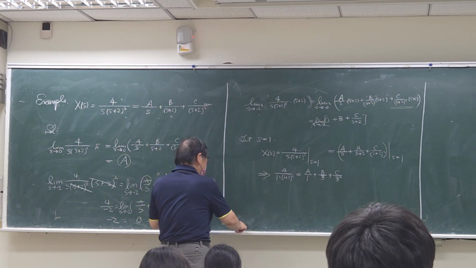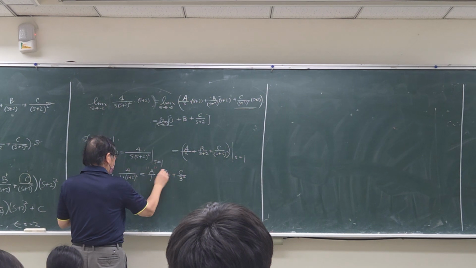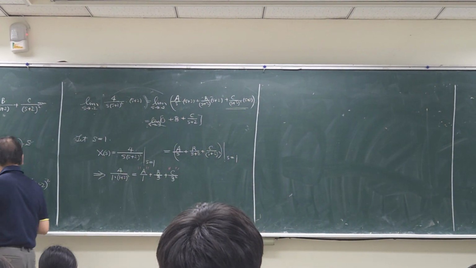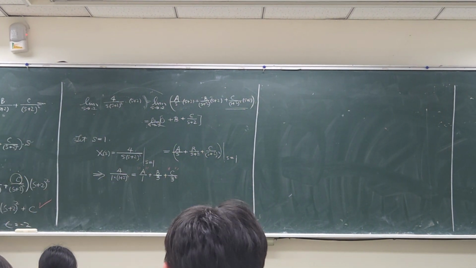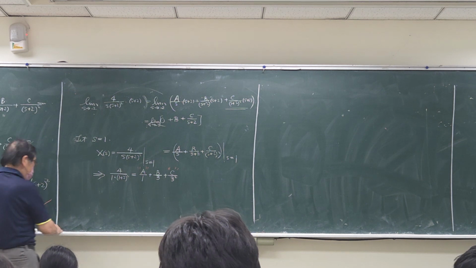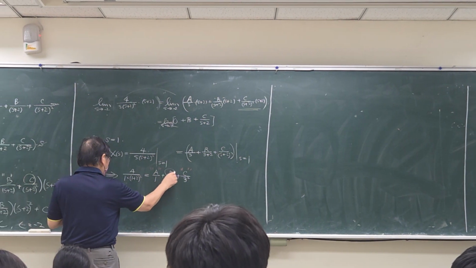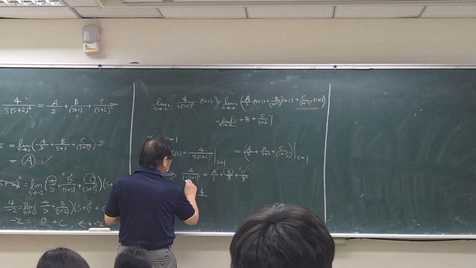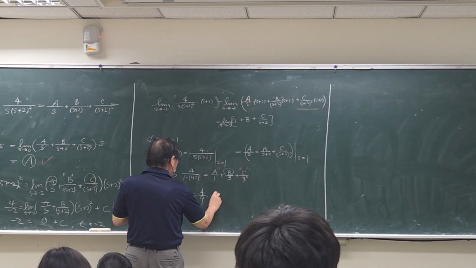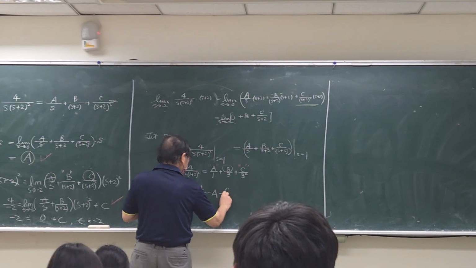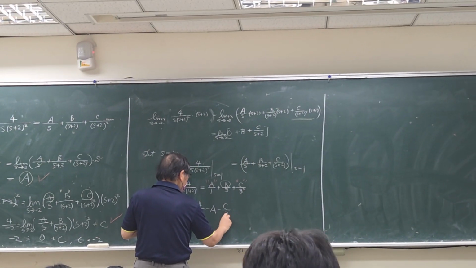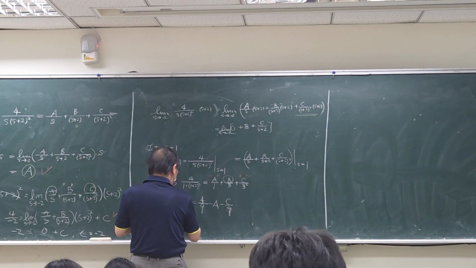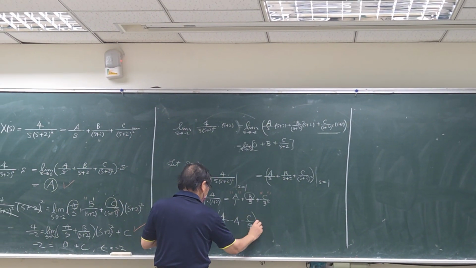Since we have found A and C in the previous two steps, we are able to determine the B coefficient. So B equals 4 over 9 minus A minus C over 9, and then multiply by 3.